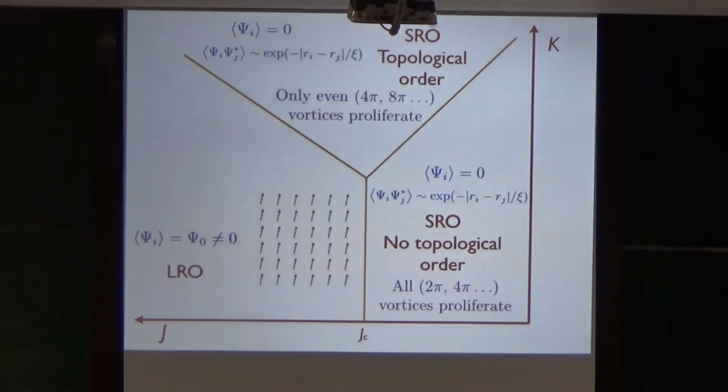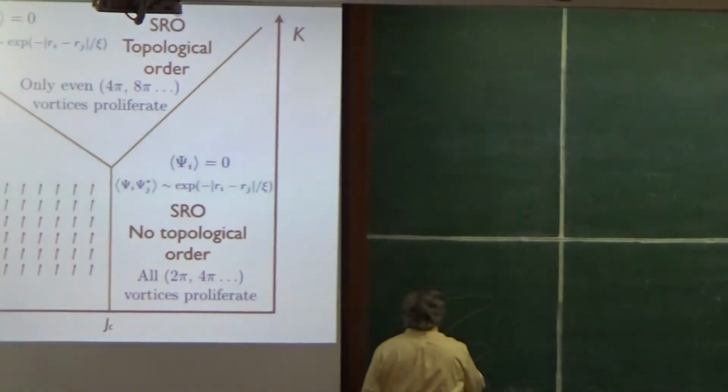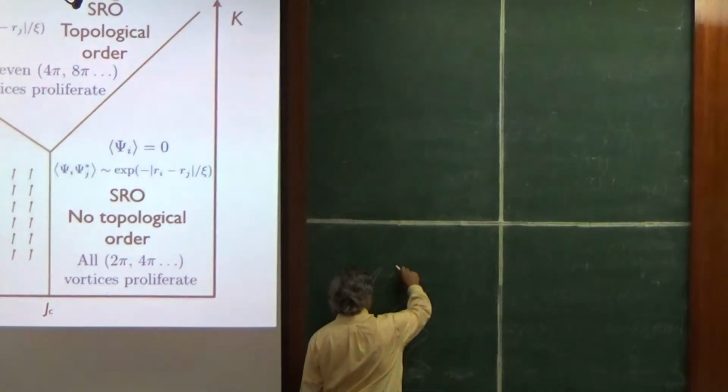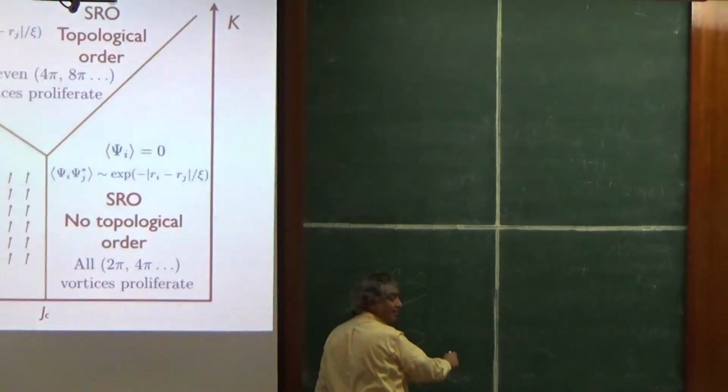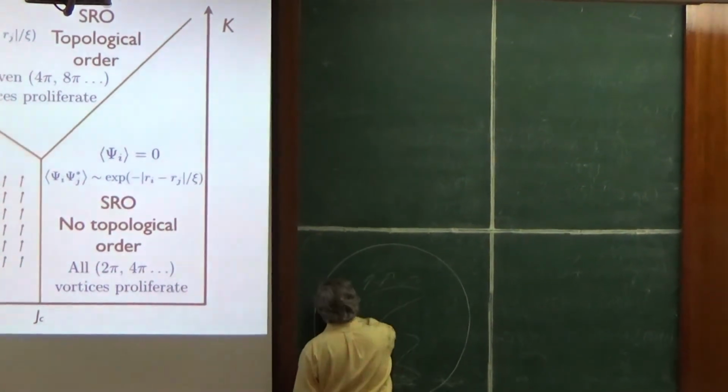Well, topology, because the vortices are topological defects, meaning that you have some region of space where the spins are varying smoothly, far away. So then you take a big contour far away.